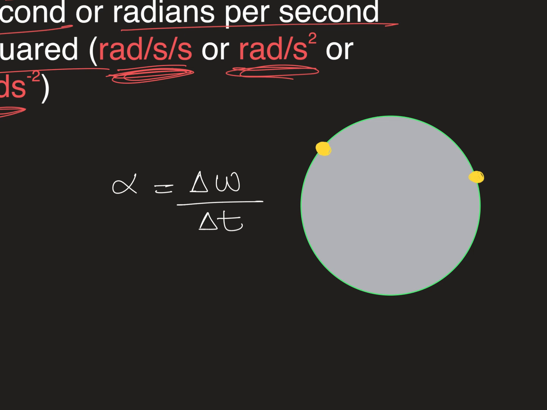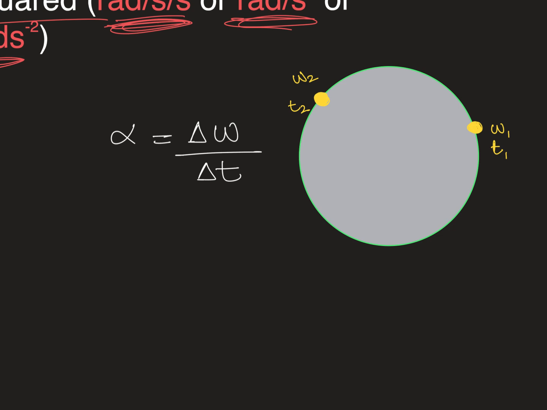The body here has an angular velocity omega 1 and an angular velocity here of omega 2. The time here, let's say, is t1, and the time here is t2. Since we are talking about change in angular velocity divided by change in time, it means that the angular acceleration will be equal to omega 2 minus omega 1 divided by t2 minus t1.